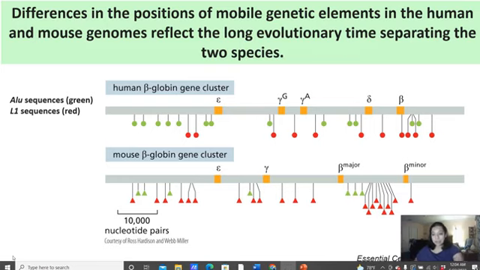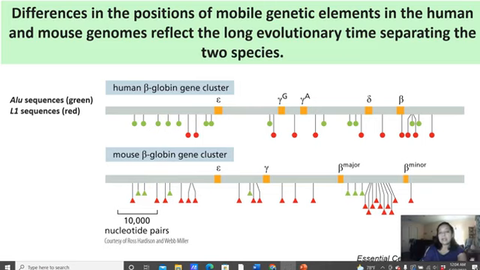Now the type, the sequence, and the position of these genetic elements is different in the human versus the mouse. Both have some Alu sequences and both have some L1 sequences, which both act as positions of these mobile genetic elements, but they are of different sequences. And they are in different amounts in each, right?